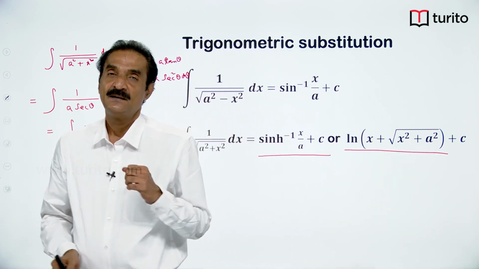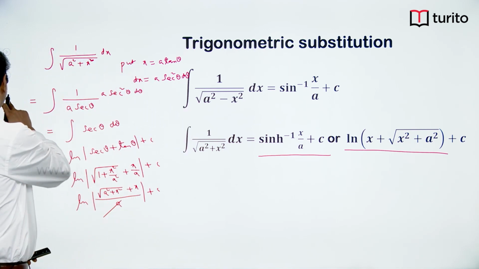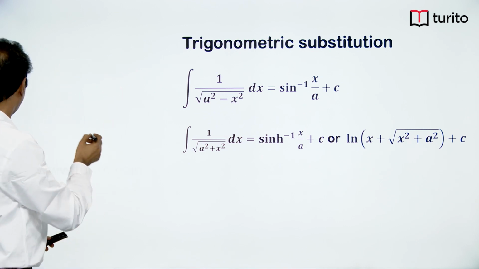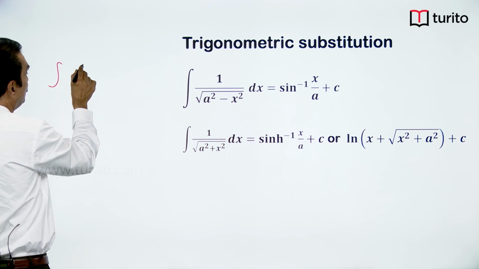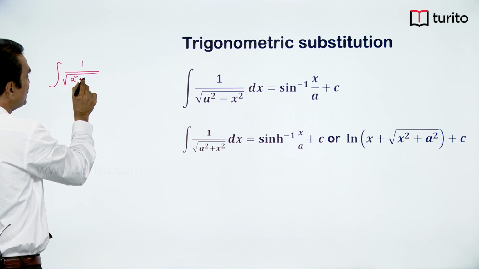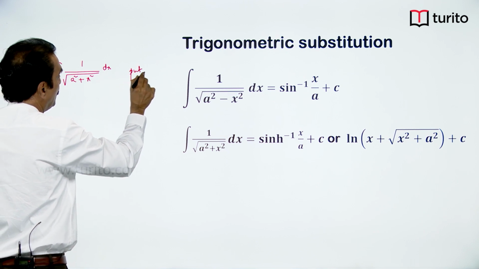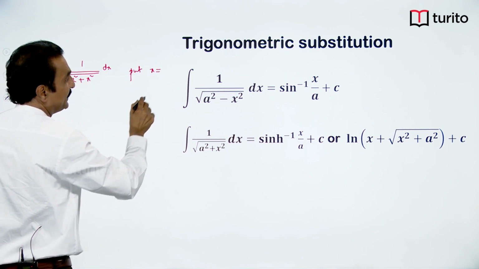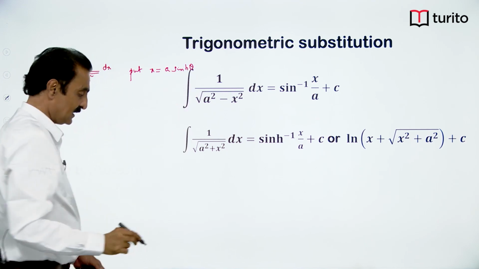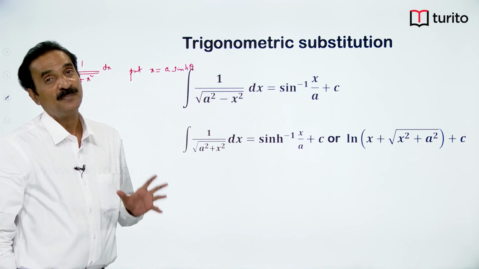Okay. Now, in the other method, 1 by root over a square plus x square, put x is equal to a sin h theta, and for proving this you need to have some knowledge in the formulae of hyperbolic functions.